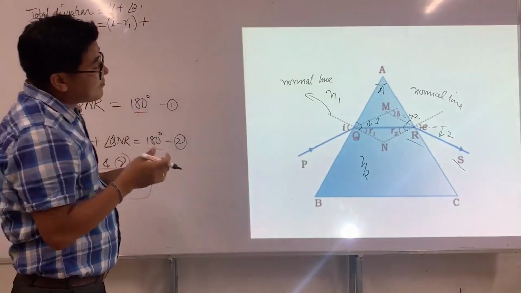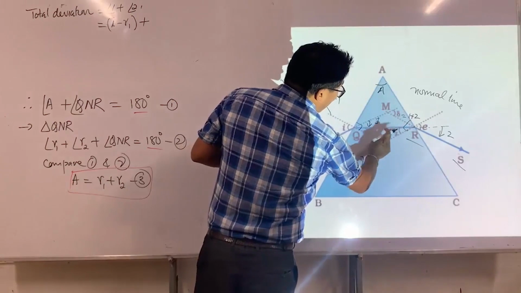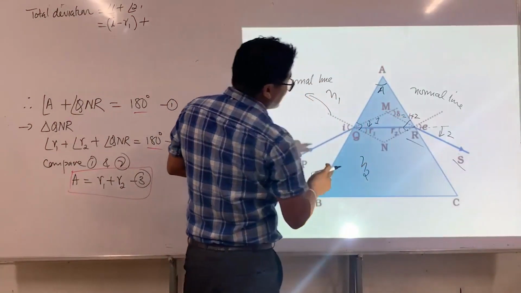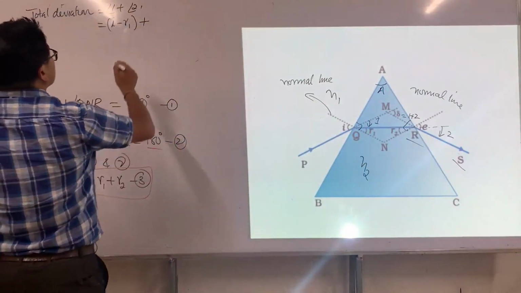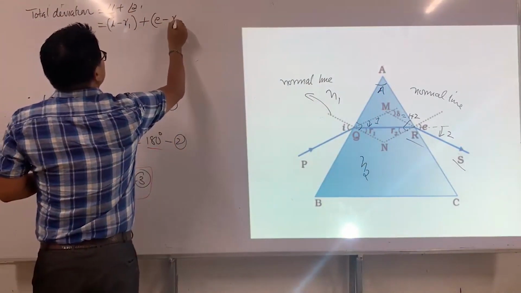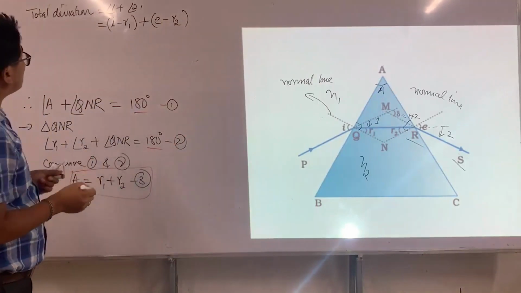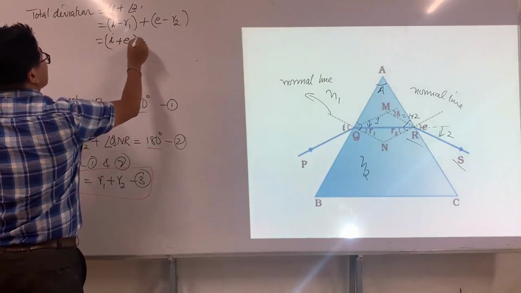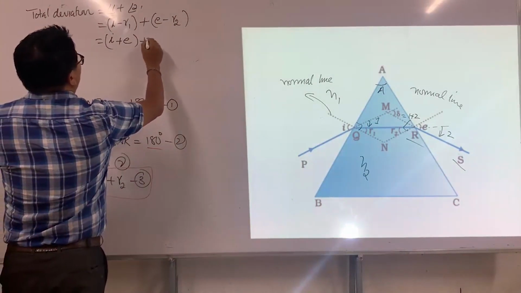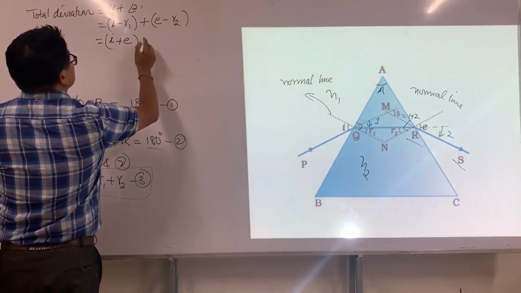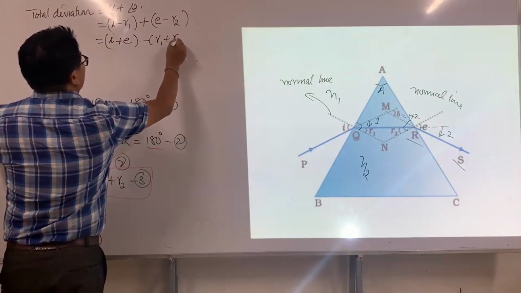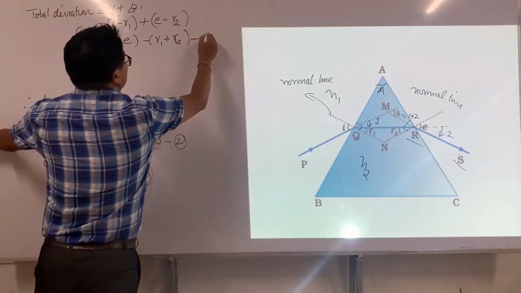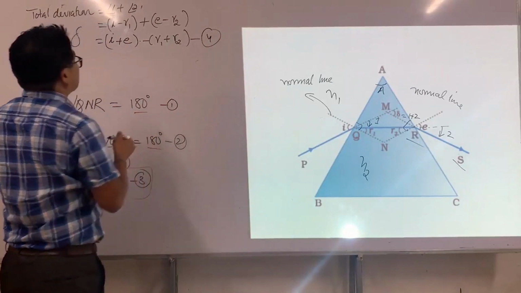What about angle 2? Angle E minus R2 is angle 2. So the total deviation is I plus E minus R1 plus R2. This is the total deviation, equation number 3.